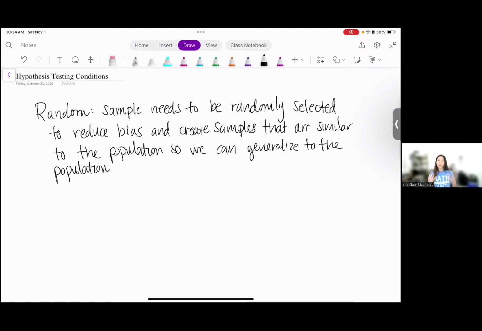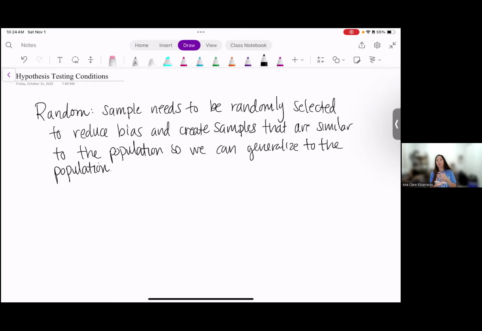If you have volunteers, that's not randomly sampled, but if you're talking about experiments, you can randomly assign those volunteers to try and help with this generalization to the population.